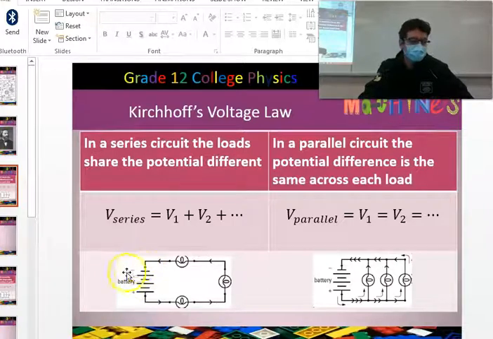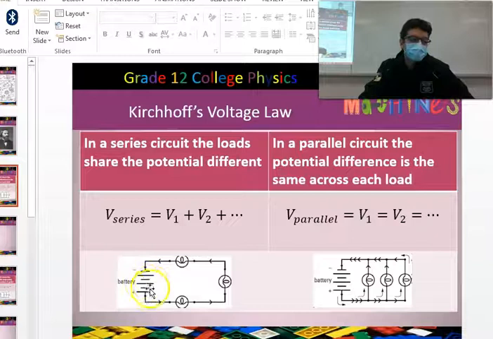So if the battery is a 6-volt battery, and these are all identical light bulbs, they'll each be 2 volts. Even if they're not identical light bulbs, you could have maybe 3 volts, 2 volts, and 1 volt. The point is that they must all add to be the same as the battery.